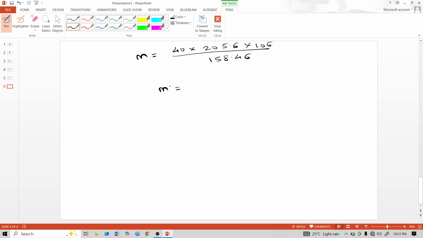So the moment of resistance is equal to 40 into 205.6 into 10 raised to 6 divided by 158.46, which is 51.89 into 10 raised to 6 Newton mm. The moment of resistance is 51.89 kilonewton meter.